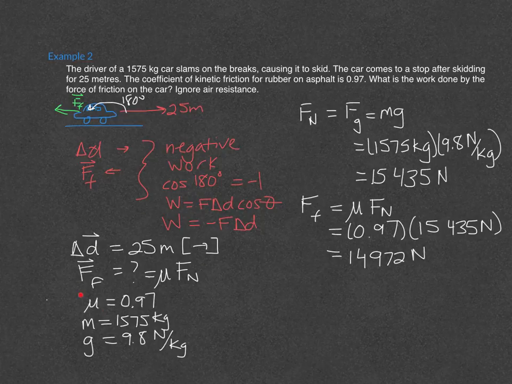And our last step, once we know the force that's causing the work, we can find the work. So whenever you have something slowing down due to friction, you will have to find the friction force with the normal force, and we can use the force of gravity, and then we can find our work. I'm going to take this version of work where we account for the 180 degree difference between the displacement and the force of friction.